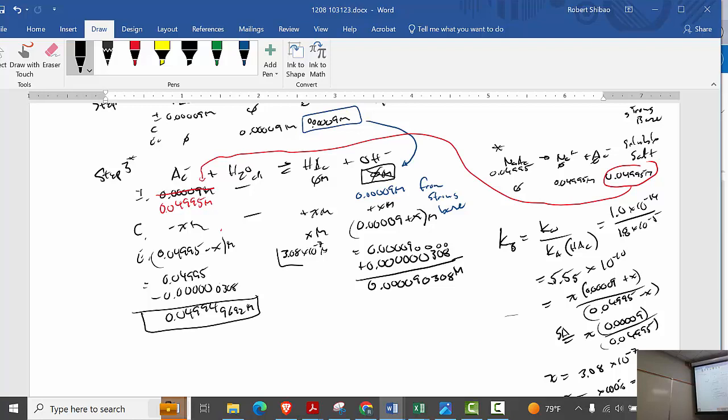So let's check these concentrations to make sure that these give us a K value that's equal to this K value here.